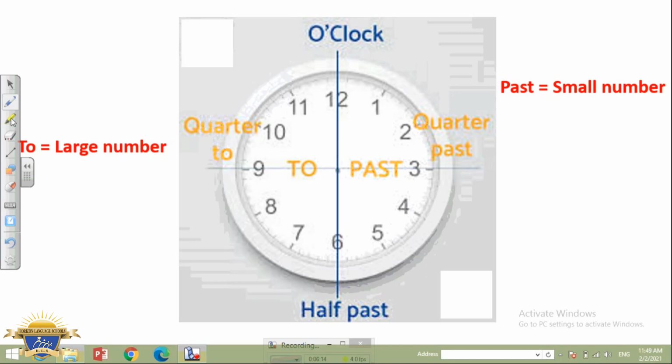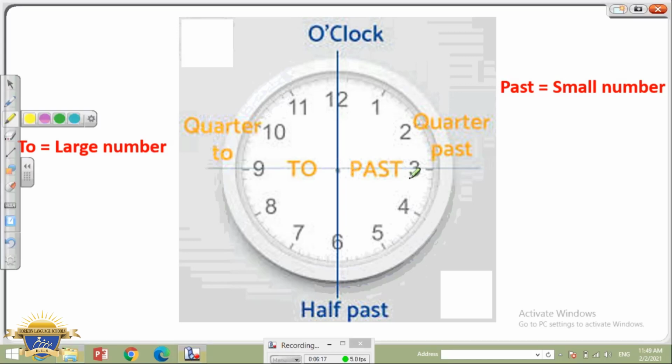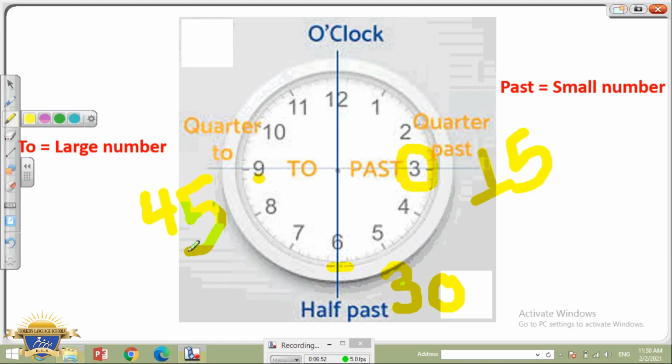If the minute hand is on 3, it will be 15 minutes. If the minute hand is on 6, it will be 30 minutes. If the minute hand is on 9, it will be 45 minutes.